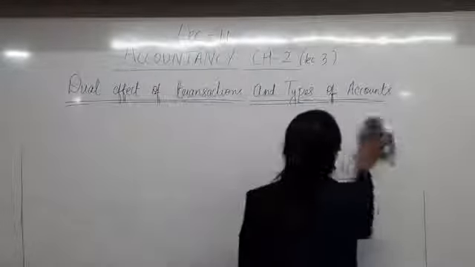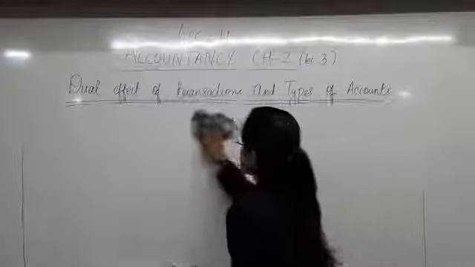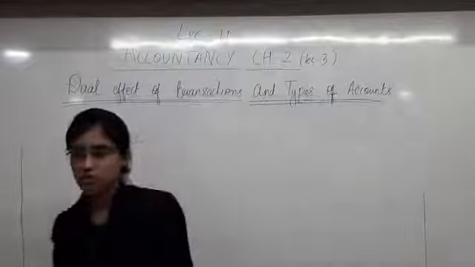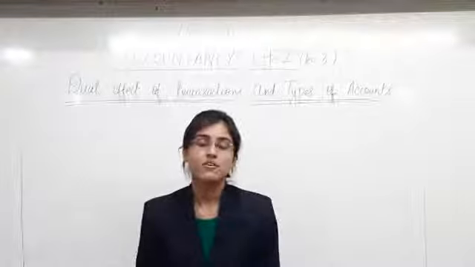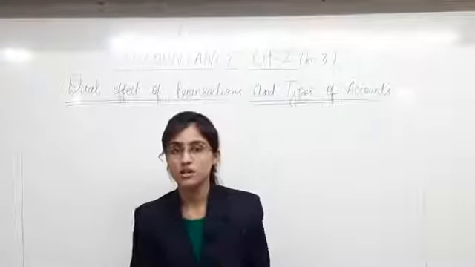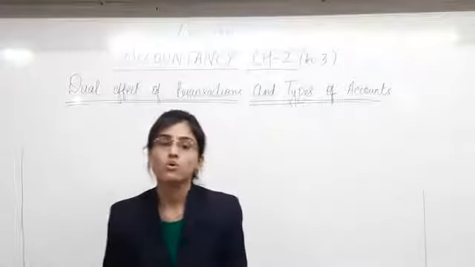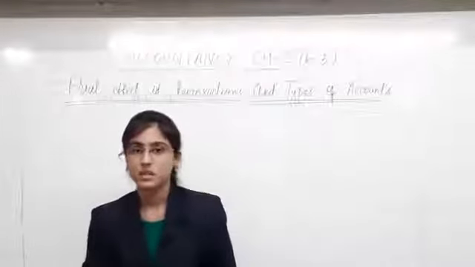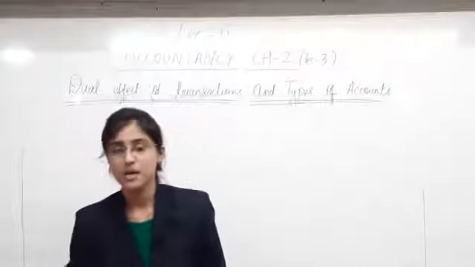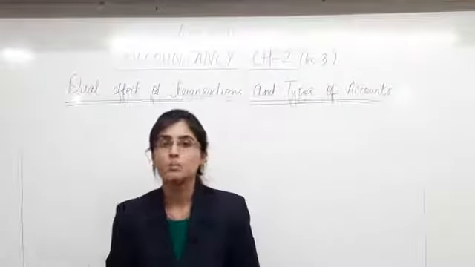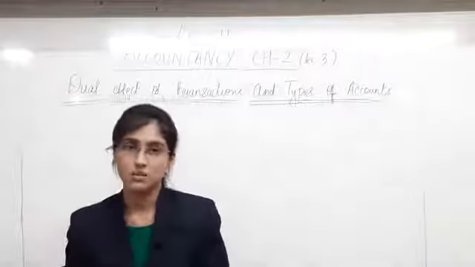And another important thing that I have always asked you is that you have to consider yourself as the owner of the business. So Manoj here is you. If I am doing this sum, Manoj here is me.